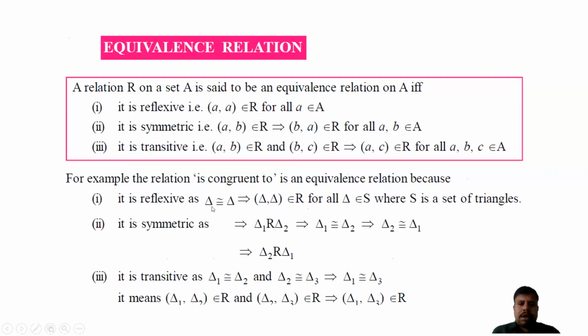For example, the relation is congruent to, represented by the symbol with two horizontal lines over an equal sign, or similarity. Consider the relation is congruent to.